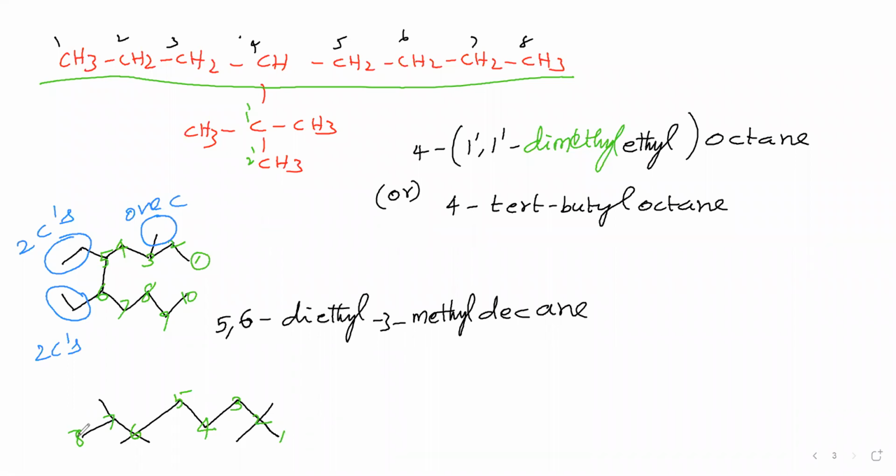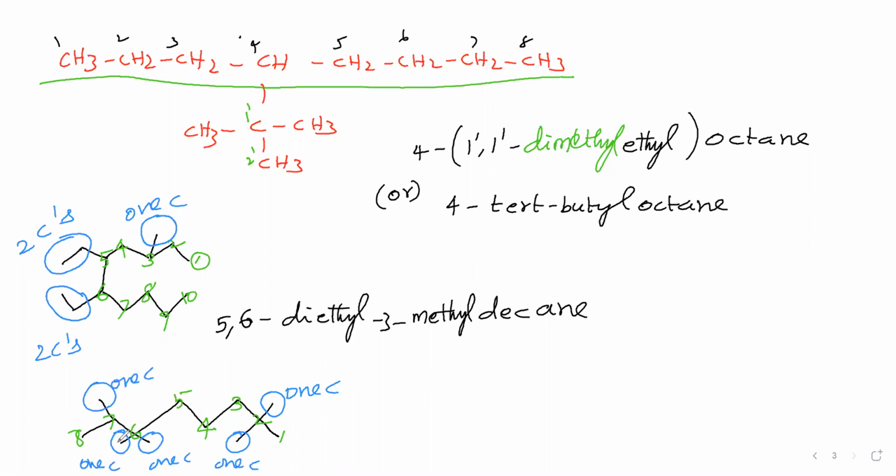Now let us select the branches, and also mention how many carbons each branch contains. This branch contains 1 carbon, this one also, and this one also.